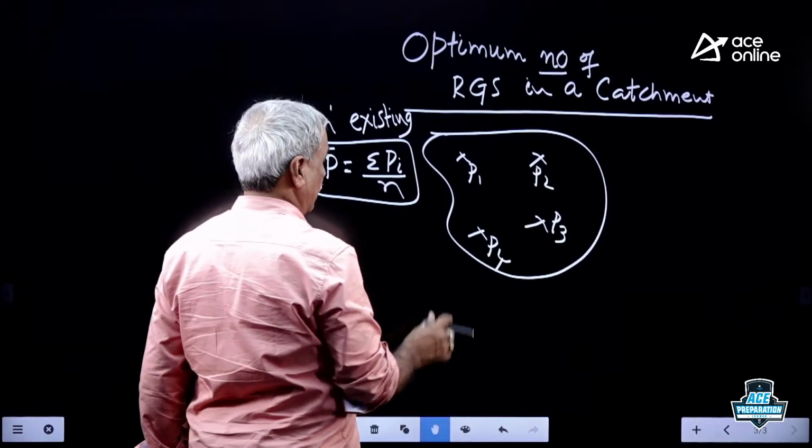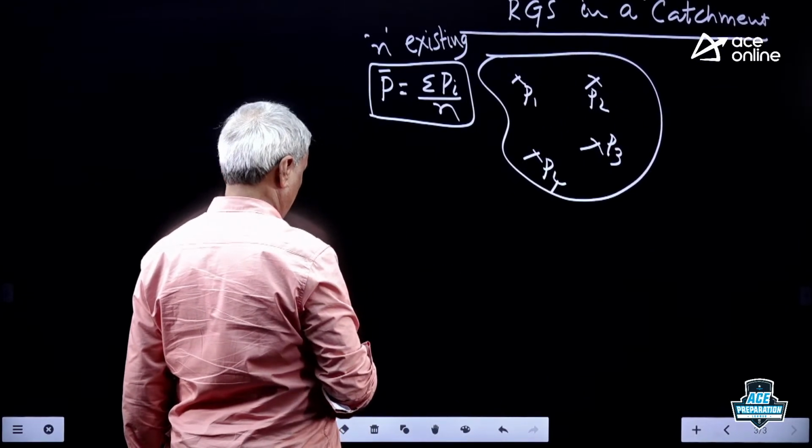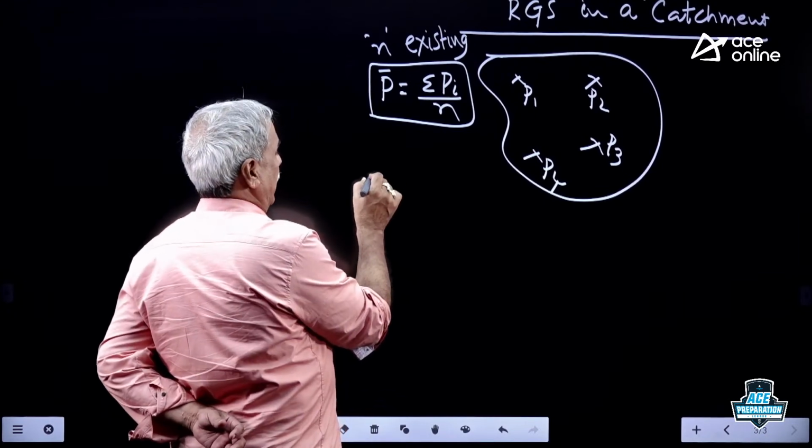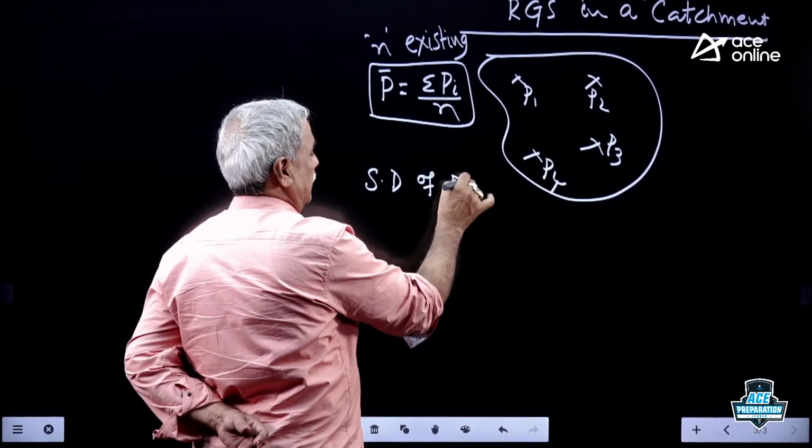Then we calculate the standard deviation of the rainfall data.